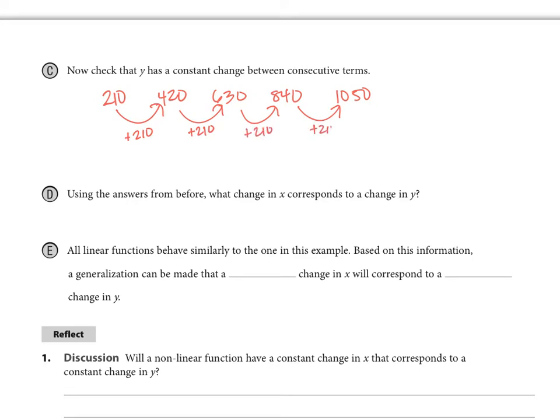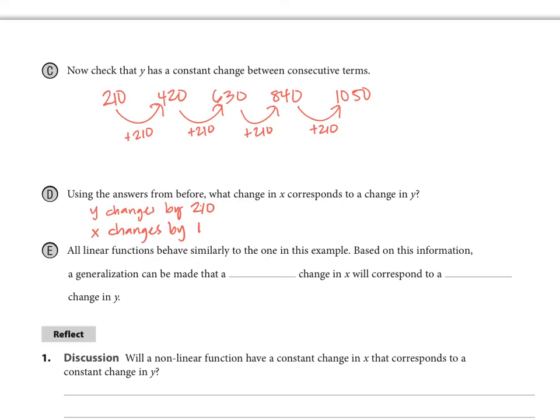And part D, using those answers, what change in x corresponds to the change in y? So the y changes by 210, and the x changes by 1. This means that when the number of miles goes up 210, the number of hours goes up 1.